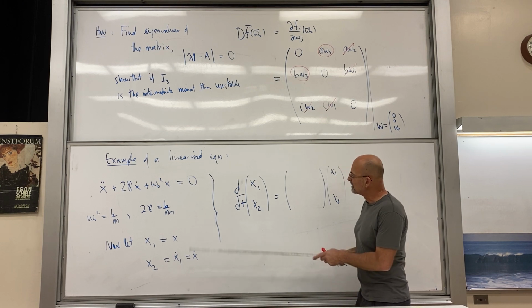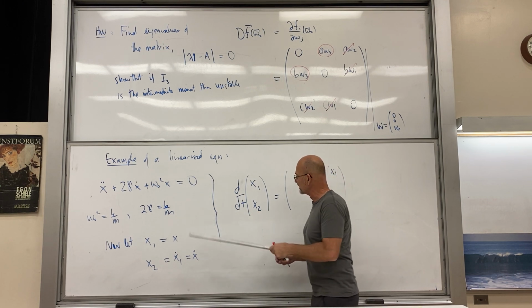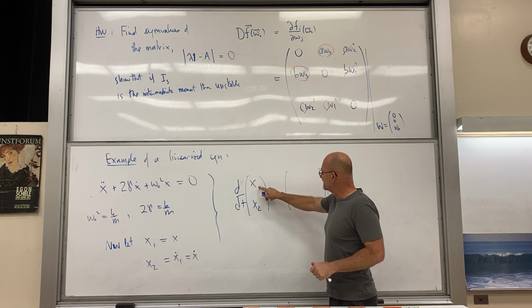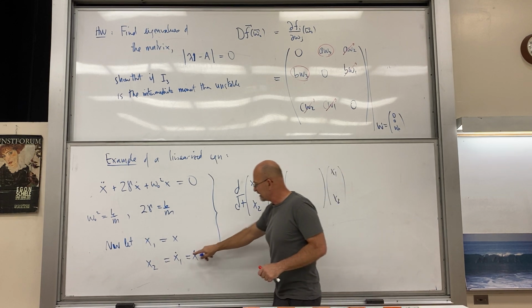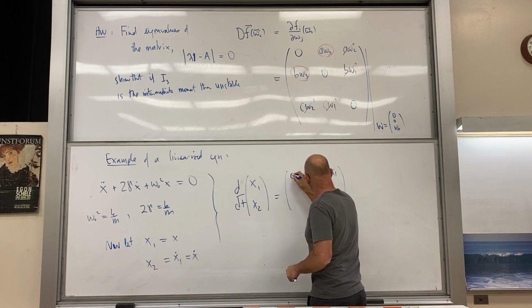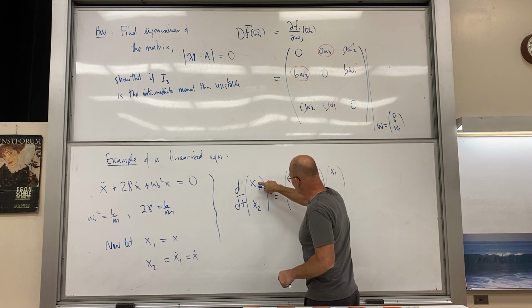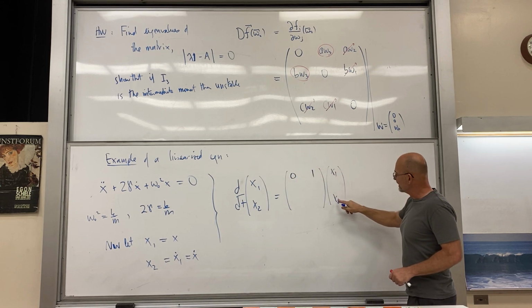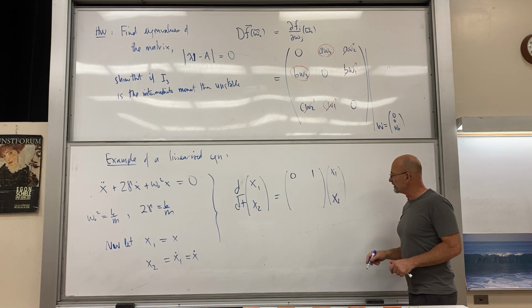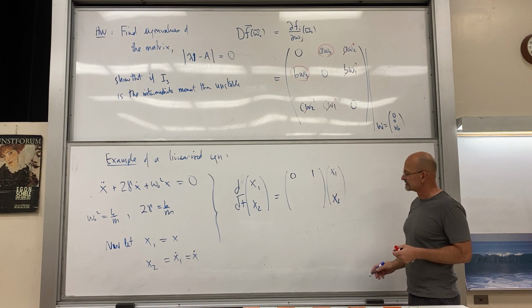So first of all, dx1/dt is equal to x2. So in terms of this matrix, we have a 0 and a 1, okay? x1 dot is equal to x2. So that's what the first row of this matrix is.